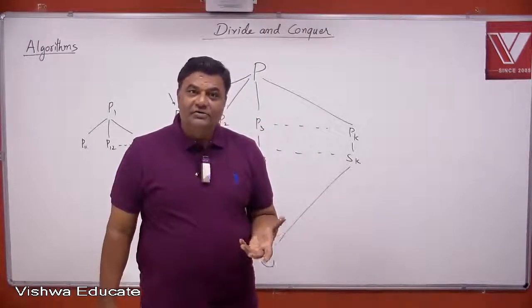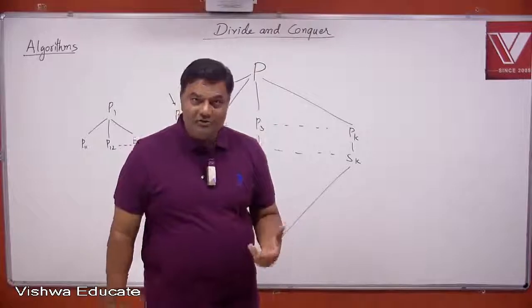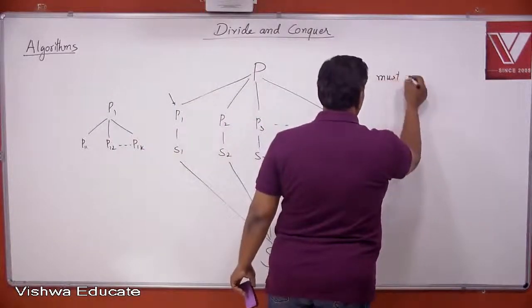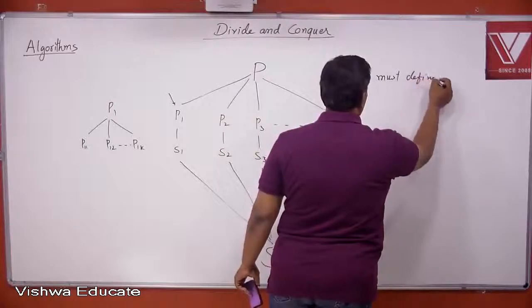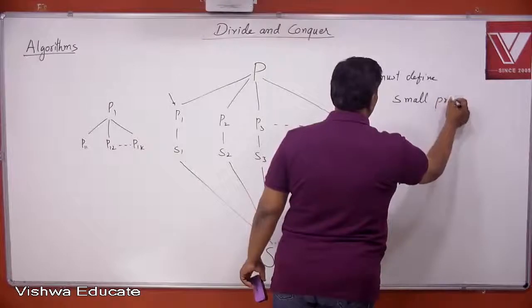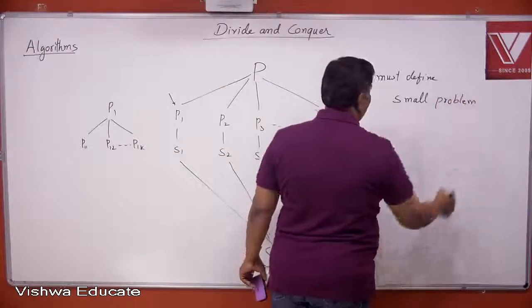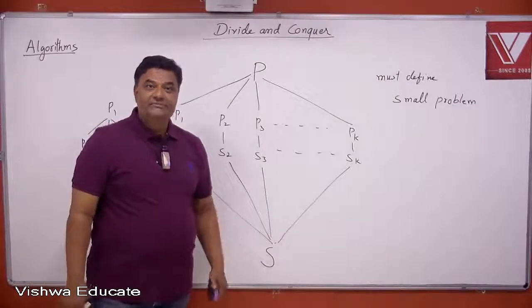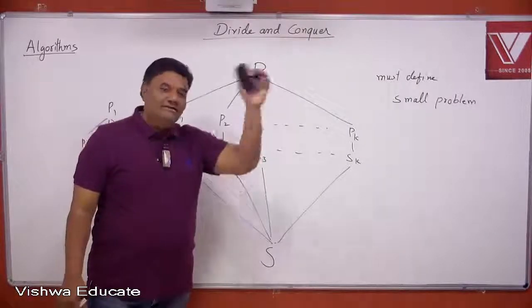So you should also know what it means by a small problem. In divide and conquer strategy, you must define a small problem. When do you say the problem is small? You should define that. If it is not small, then it is large.